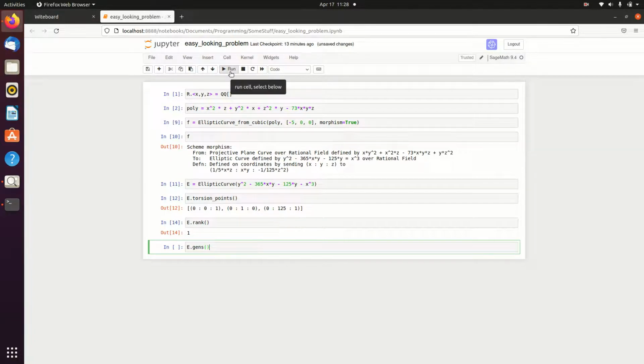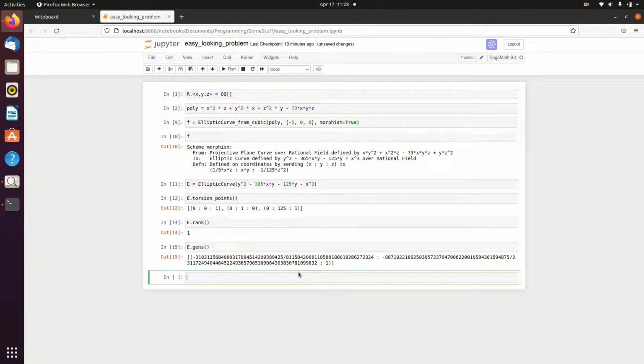Okay, so let's see. So here we actually get points on the curve. That's good. We can use this point, or we have another way of searching for points.